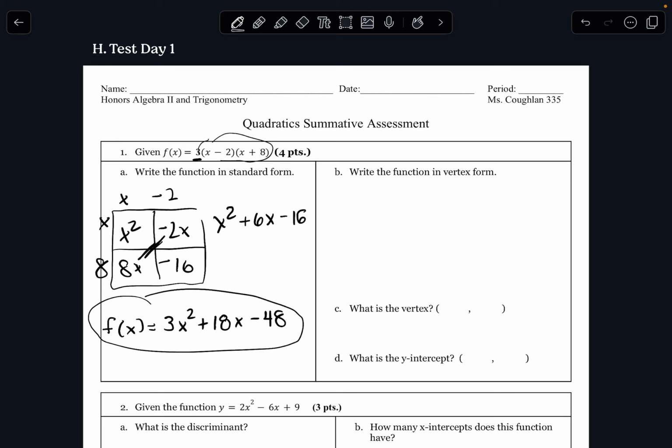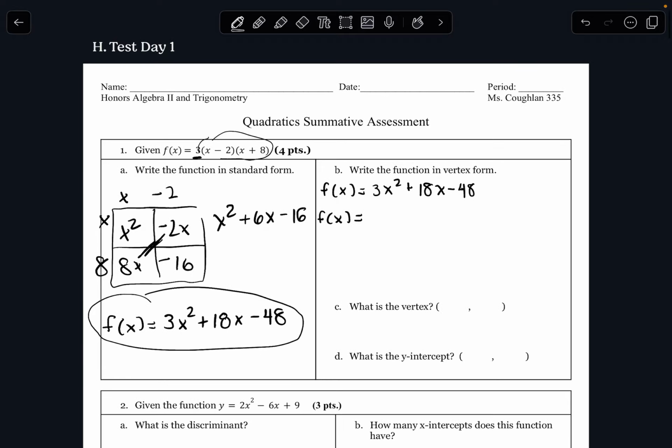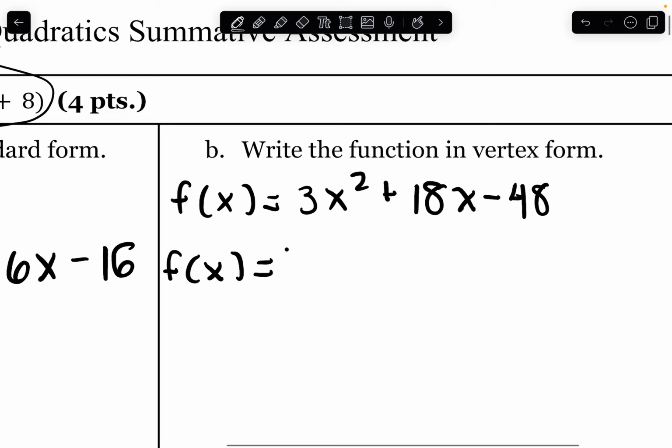Now we're going to write that function in standard form and use it to help us write the function in vertex form. One of the most common mistakes that I saw in this test was that when you were factoring out the leading coefficient of 3, you factor it out from all 3 of the terms, when in reality you only want to factor it out from the first 2.